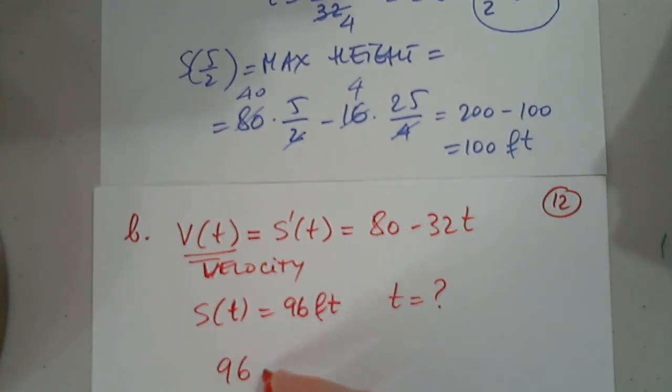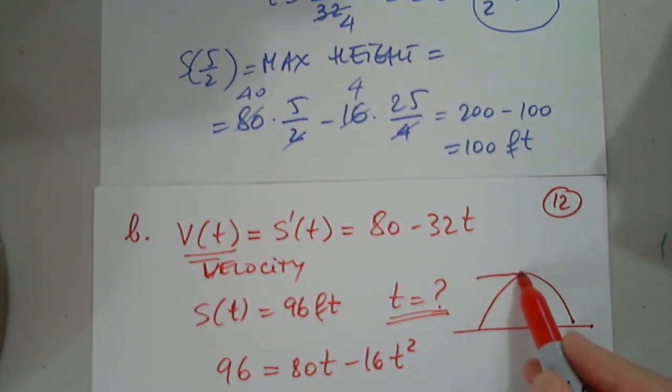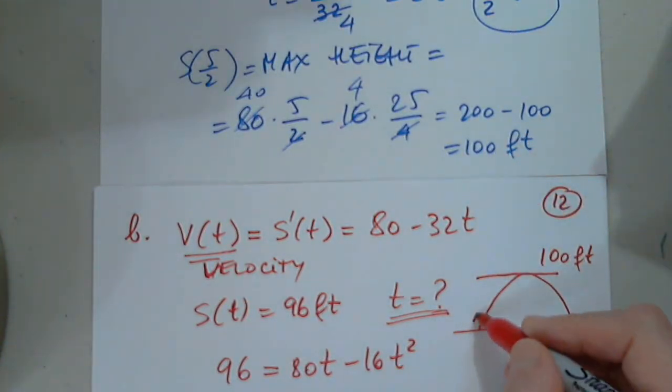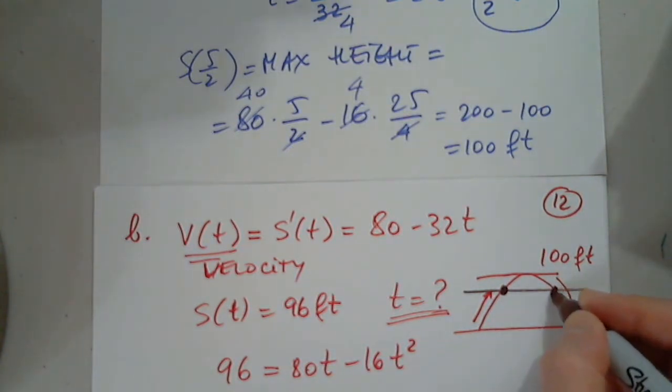So I have 96 equals 80t minus 16t squared to find the time. I know that this is the situation. I know it starts here. I know it reaches 100 feet as the maximum. It goes up, it comes down, and it goes through 96 at this point and then this point.